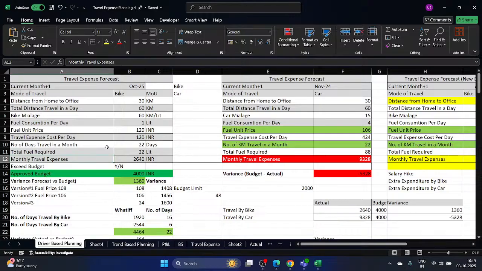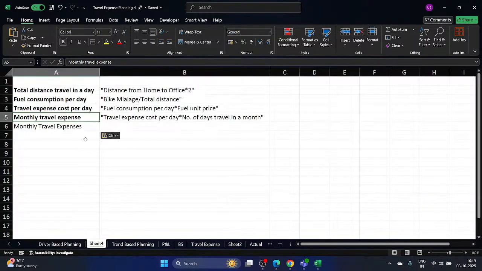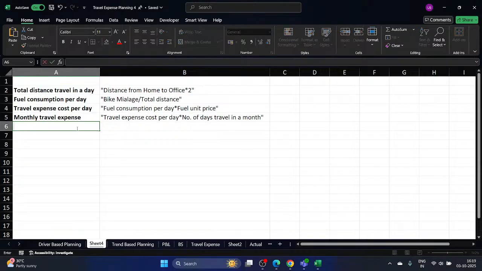Monthly travel expense could be 120 into 22. Yes, this is the formula which we have written in the above line.